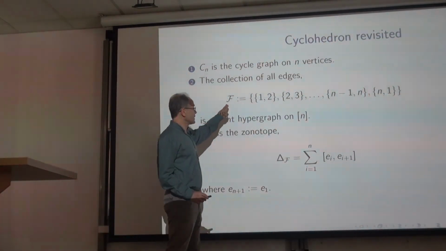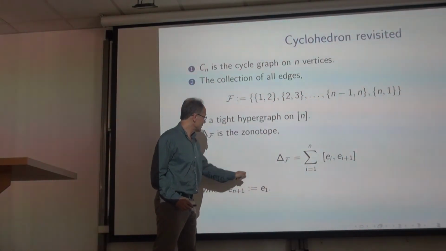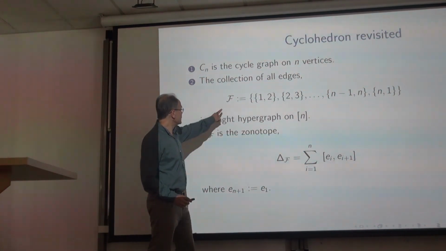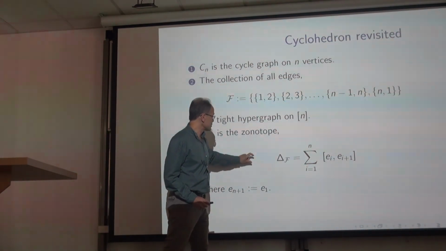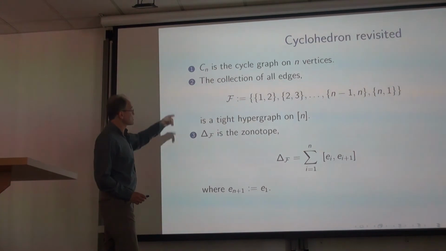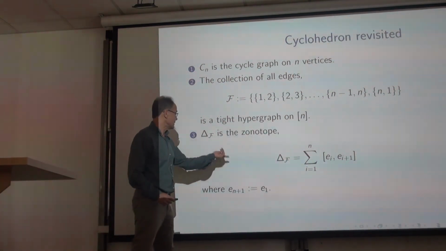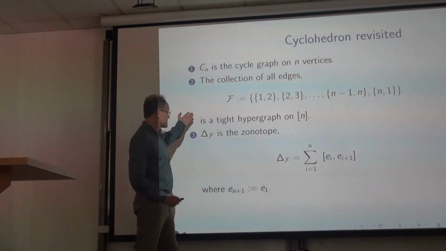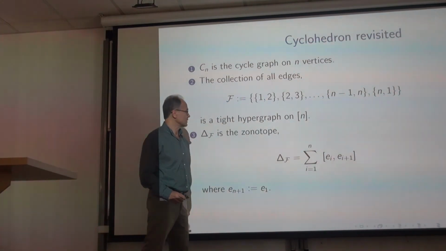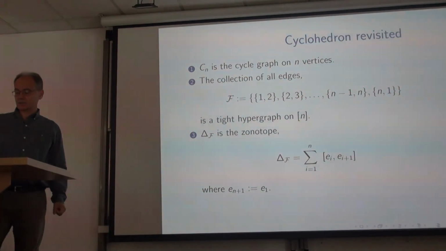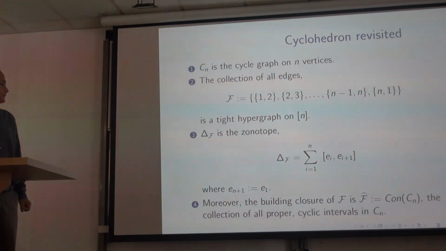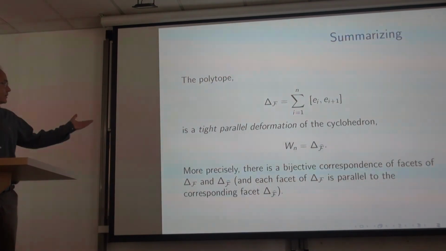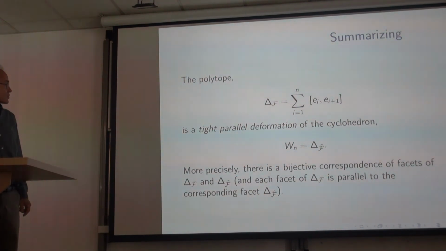In the case of the cyclohedron, in which case the graph is a cycle, and the building set is the set of all intervals, now take the set of all smallest intervals, just edges of the graph. Their associated building closure is precisely the building set associated to the cyclohedron. In this case, you obtain this zonotope as the associated convex polytope, which satisfies this tightness condition.